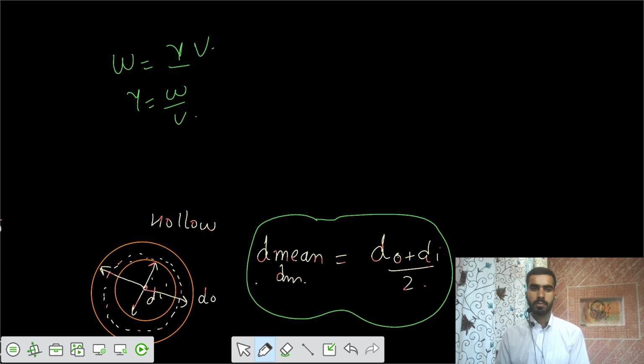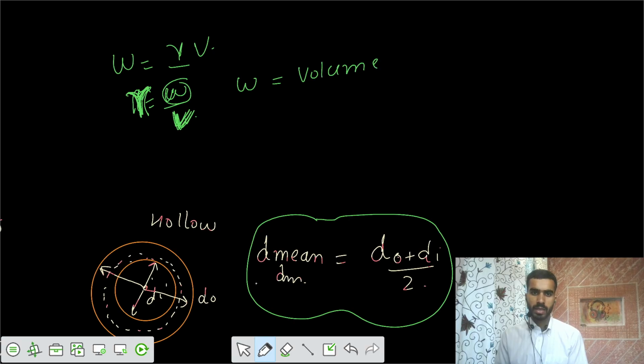If gamma is the same, then volume is also the same. That means weight is a function of volume, that is area into length.